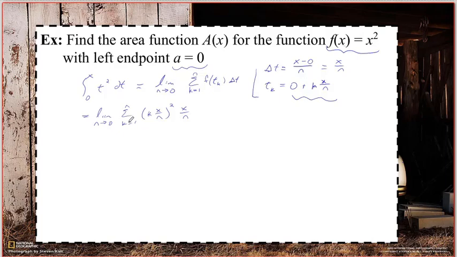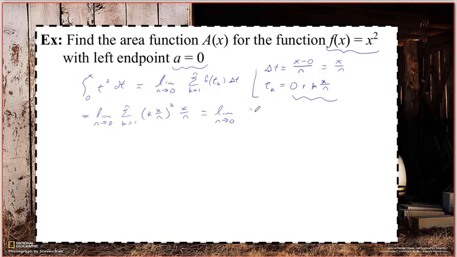So now think about what is a constant with respect to this summation. The n is still constant. The x is constant with respect to the summation. So I can pull out, I'm going to skip a couple steps here because we've done this a few times and hopefully you've been working on several of these problems. But I'm going to pull out an x squared and an n squared, and then also the x and the n.